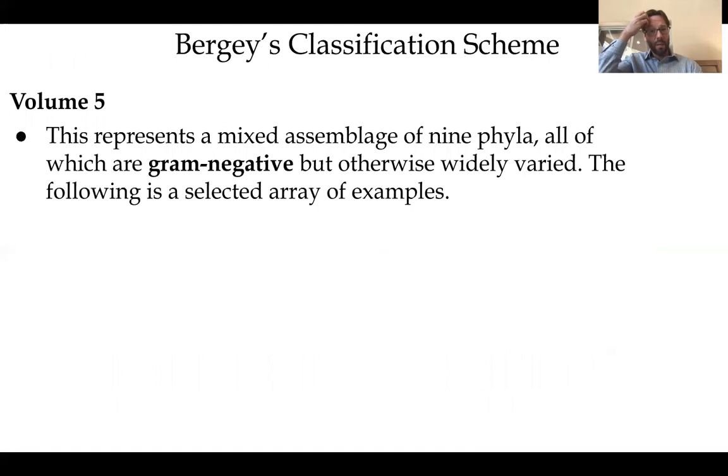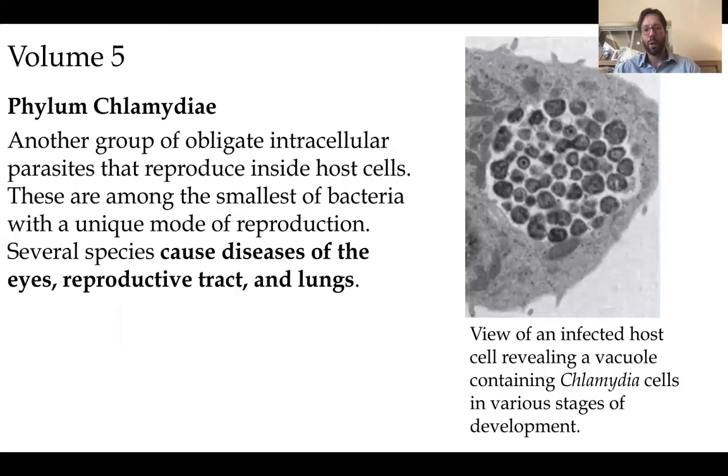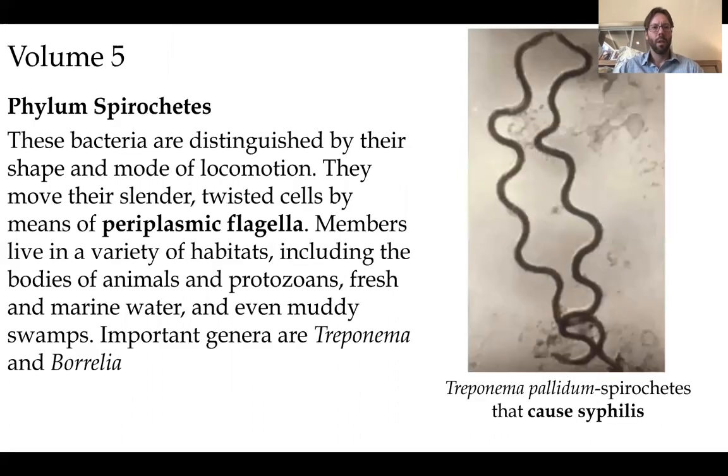Volume 5 is going to be really kind of a mixture of all of the phyla we've talked about that are gram negative. Okay. And so this is kind of a hodgepodge, if you will, of different phyla representatives. So that's going to include things like chlamydia, spirochetes, right?